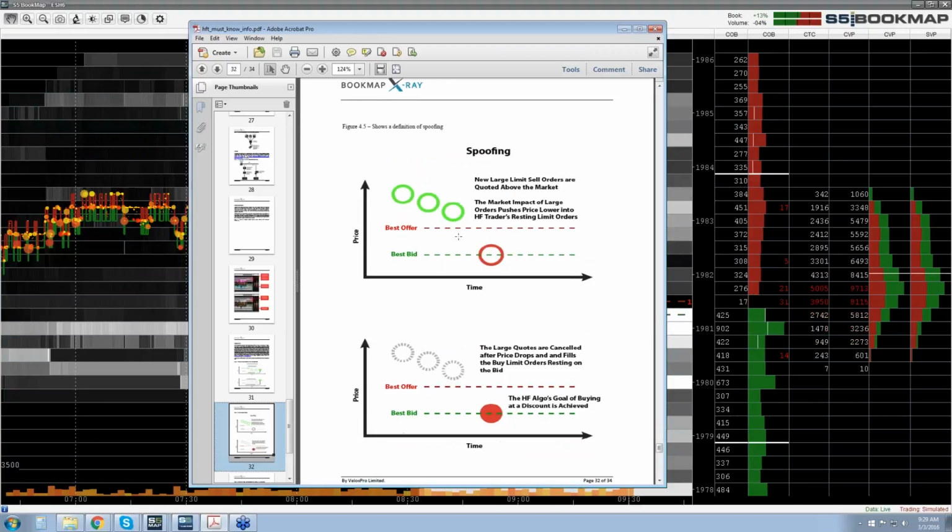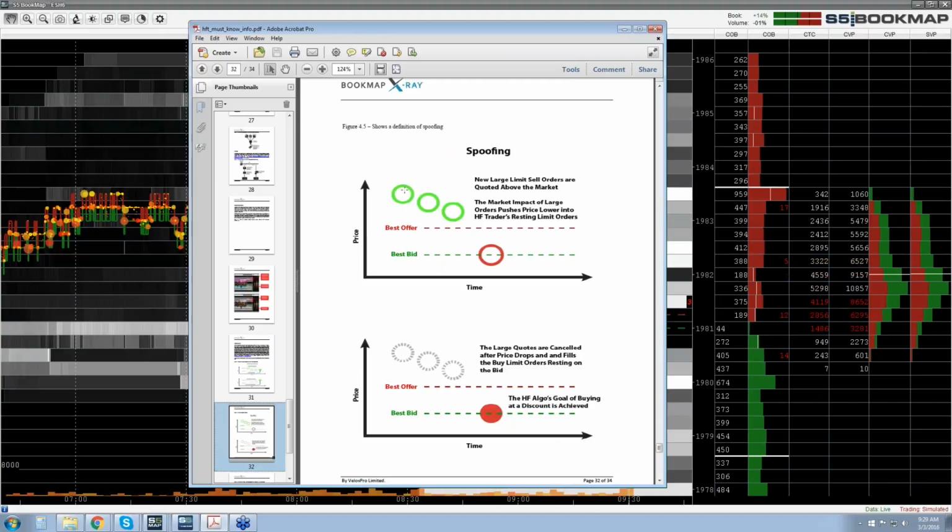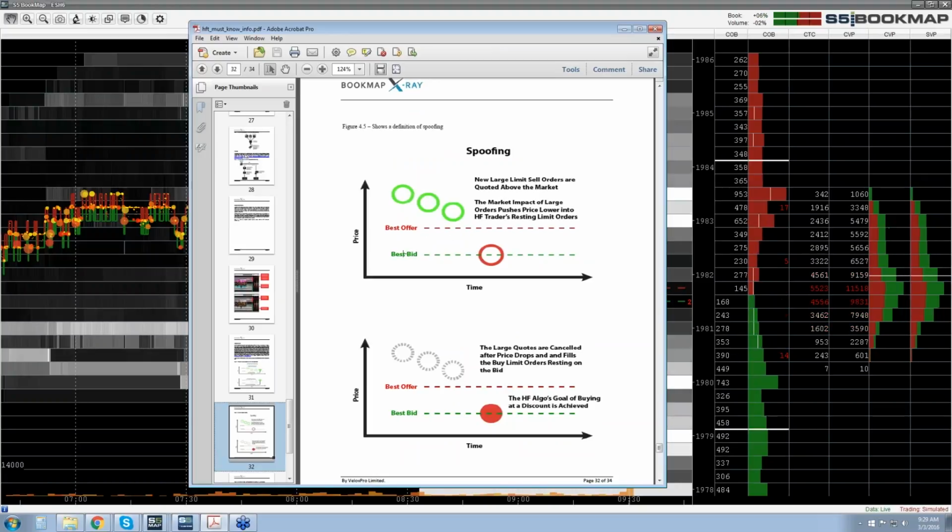Okay, so spoofing would be very akin to that example here, high liquidity. Here's your best bid and offer. Down here at the 1981 area, these were those guys that wanted to get filled, and you see that high liquidity come in. It does not have intent to trade. Okay, some of it did trade, but someone took them on.